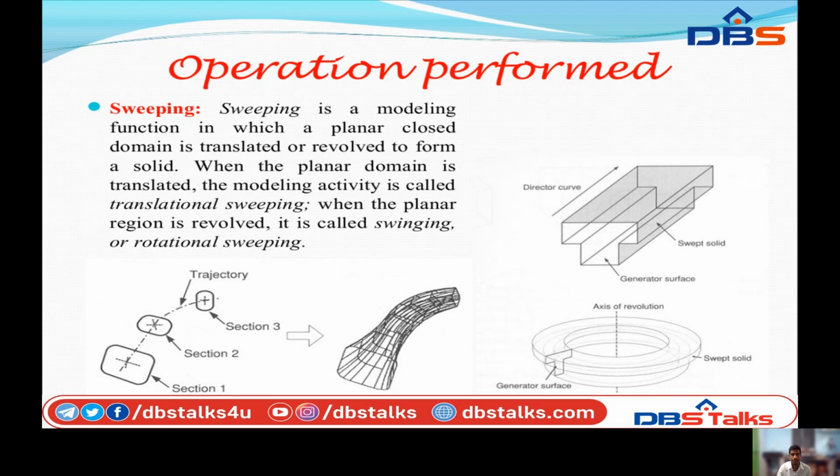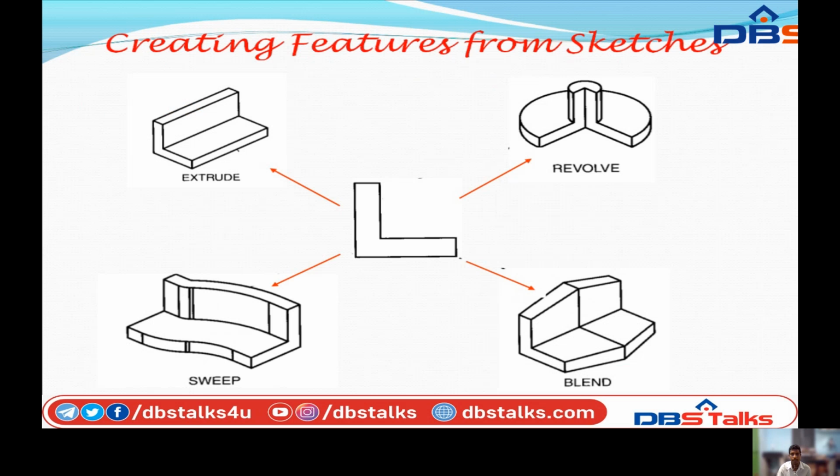After that, creating features from sketches. First of all, I am taking an L section. Here I am showing operations like sweeping, blending, revolving, and extrusion on the L section.